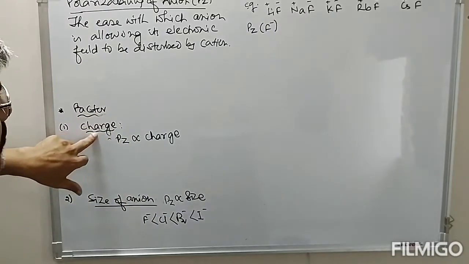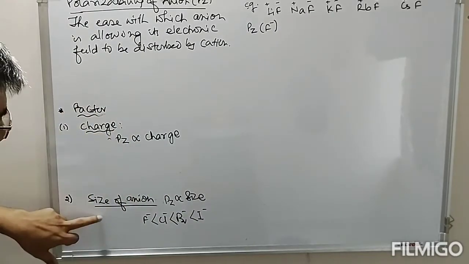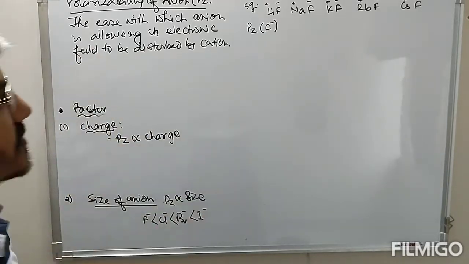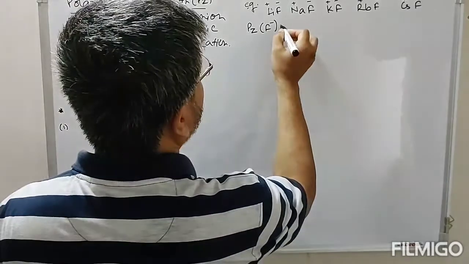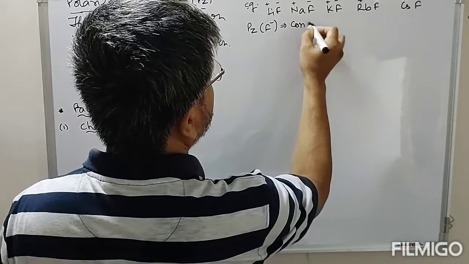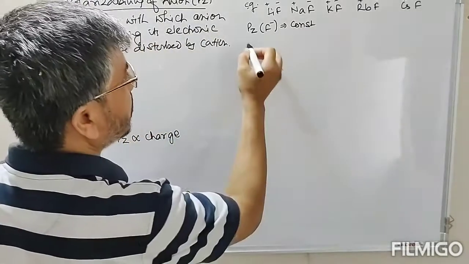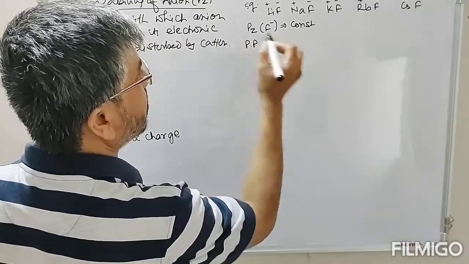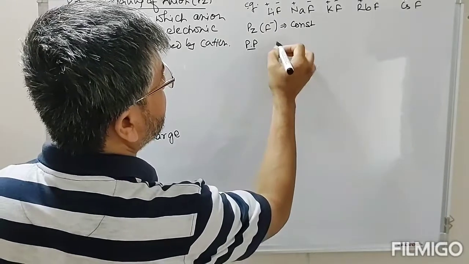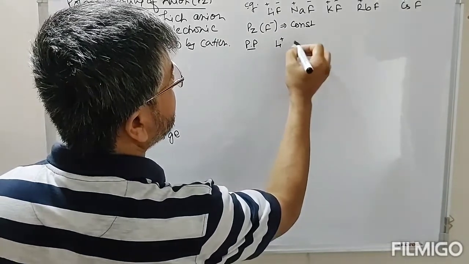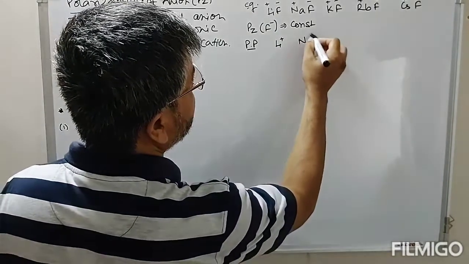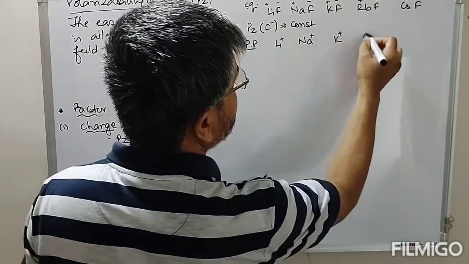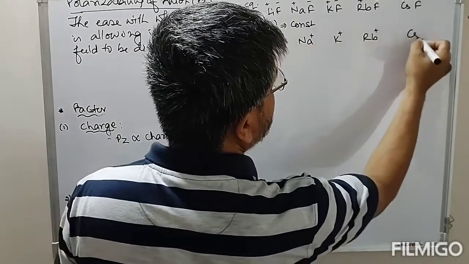So the charge on the anion is minus 1, and the size of the anion is also fixed. So the polarizability of the anion is constant. But what about the polarizing power? So we have lithium plus, sodium plus, potassium plus, rubidium plus and cesium plus.